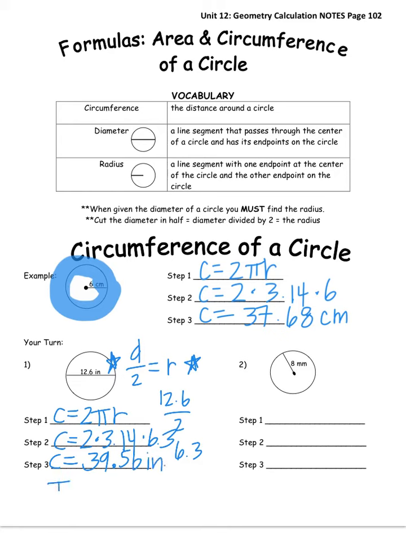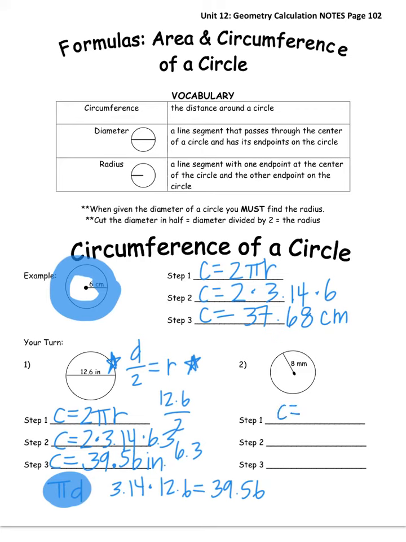If we did pi times diameter, let's see if we get the same thing. So 3.14 times 12.6. We do. So given the diameter, you can also use this formula.